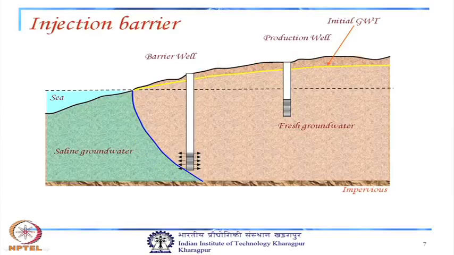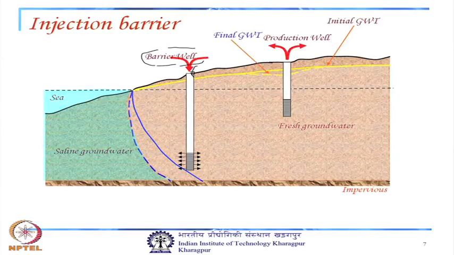Injection barrier. With the injection barrier, in case of barrier well, we have already seen that there is extraction barrier. Now, we can use the same barrier well as injection barrier. We can inject water into these barrier wells, so that water will spread into this aquifer, and it will reduce the effect.